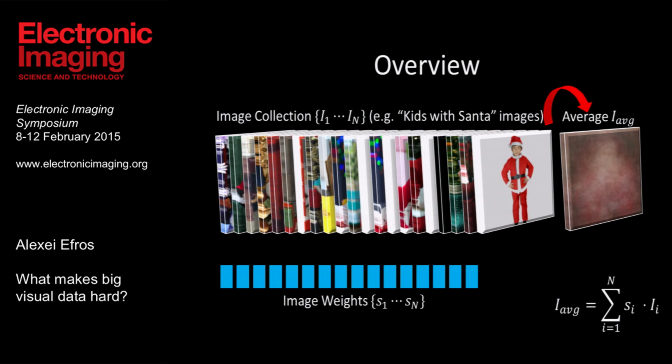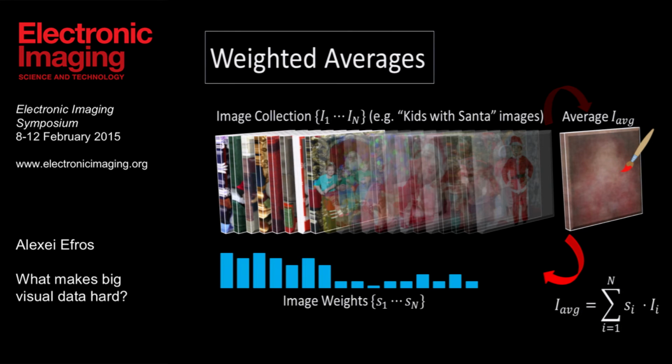Well, the idea of this approach is to allow the user to edit the average image in a way that controls the weights on the constituent images, which in turn recomputes the average and gives the user an iterative control where you edit the average and it gets better and better and better.